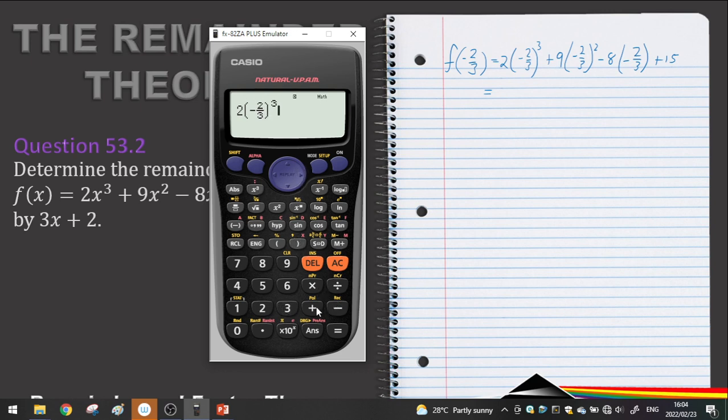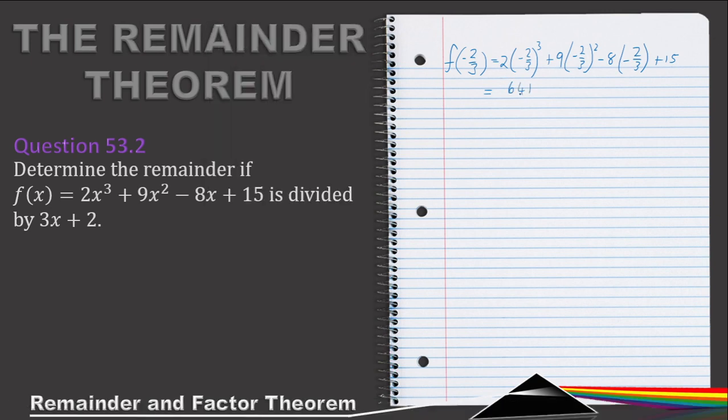Cubed, plus 9 squared, minus 8, plus 15. And that gives me 641 over 27. Then that's done.